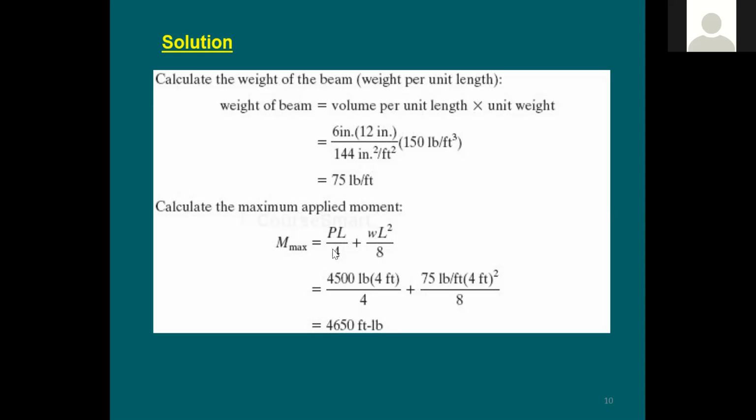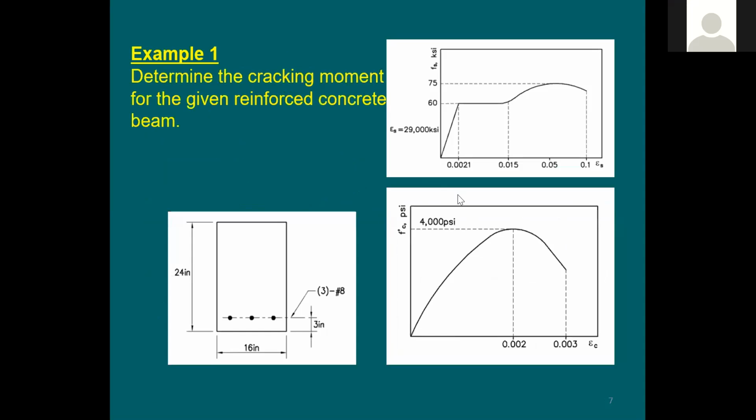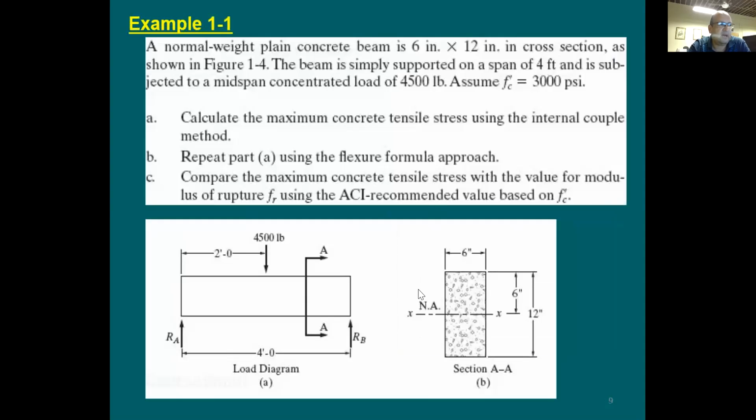So this is the applied moment, not the cracking moment? Yeah, where's the cracking? Did I put here any equation for the cracking? I'm going to say no. I'm going to go back to the previous example. That moment was based on setting the stress to be equal to the cracking stress, so it is a limit. In that problem, I didn't give you a span or any loads. But in this beam, I give you the self-weight, which you were able to figure out based on the section and an assumed 150 pounds per cubic foot.